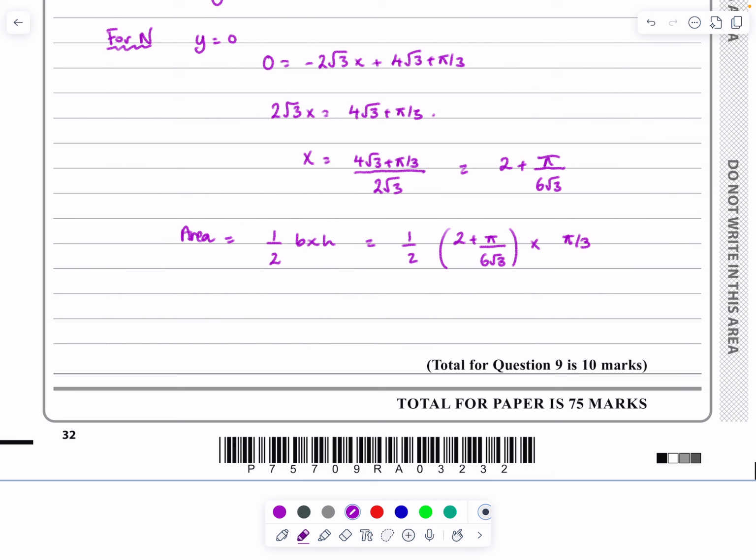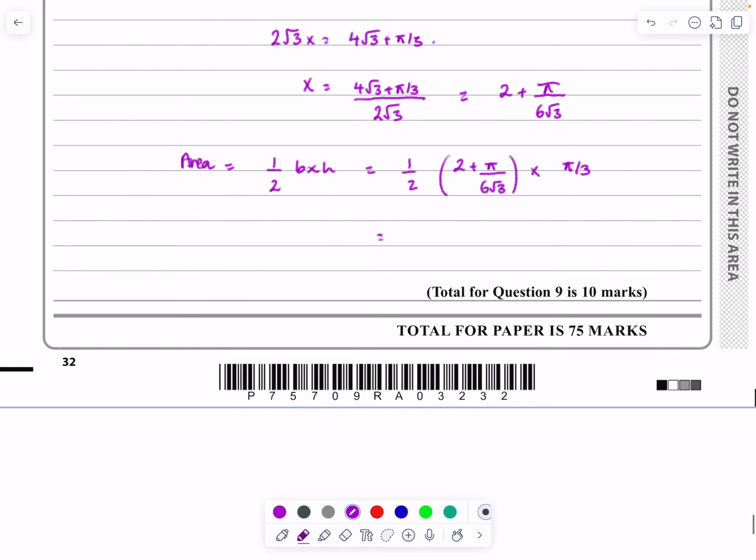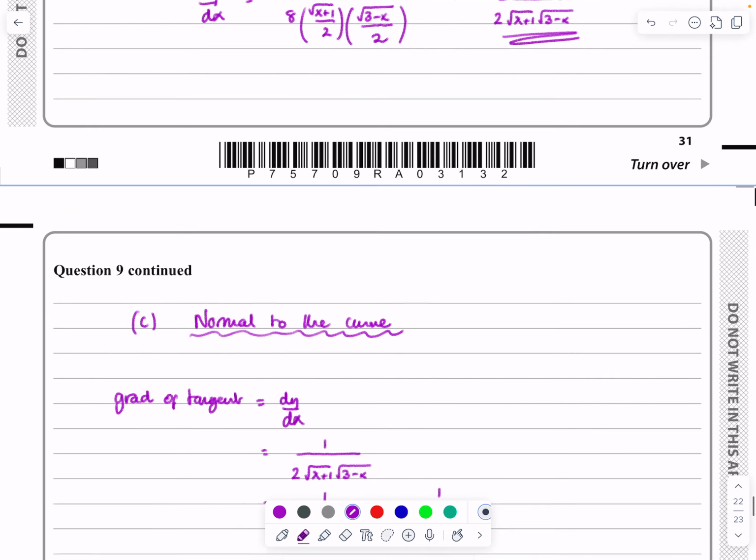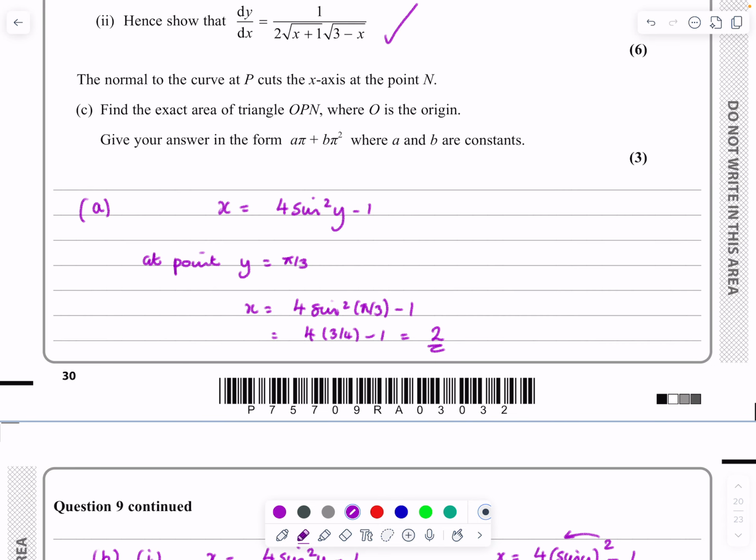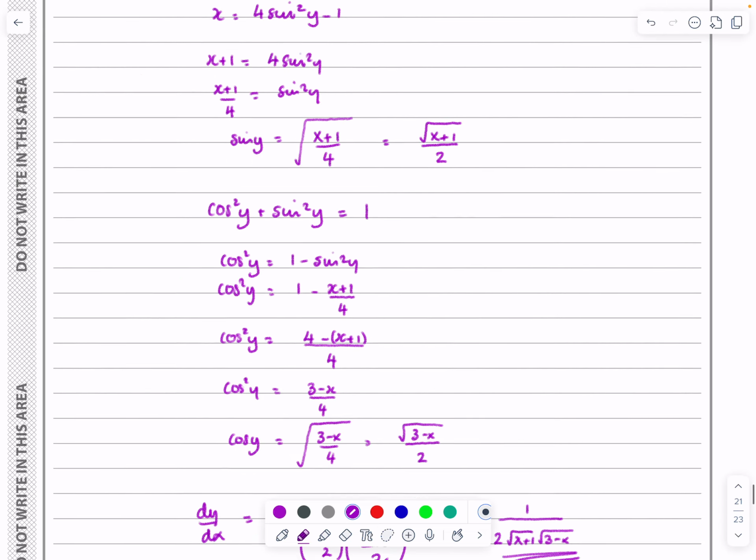That gives me a final answer of pi over 3 plus pi squared all over 36 root 3. Let's check what it says about the form of the answer: a pi plus b pi squared, where a and b are constants.